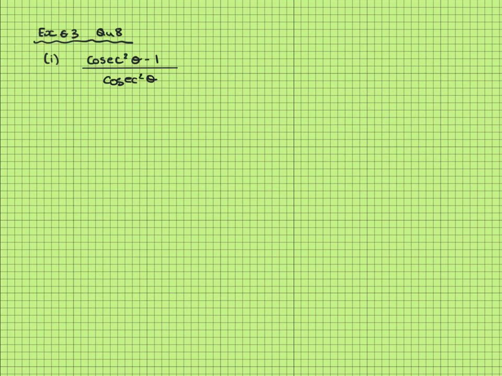So there are a lot of nice ways of approaching this question. We have to show that this part here, cosec squared theta minus 1 over cosec squared theta, this expression is equivalent to cos squared theta. So many different ways of doing this.